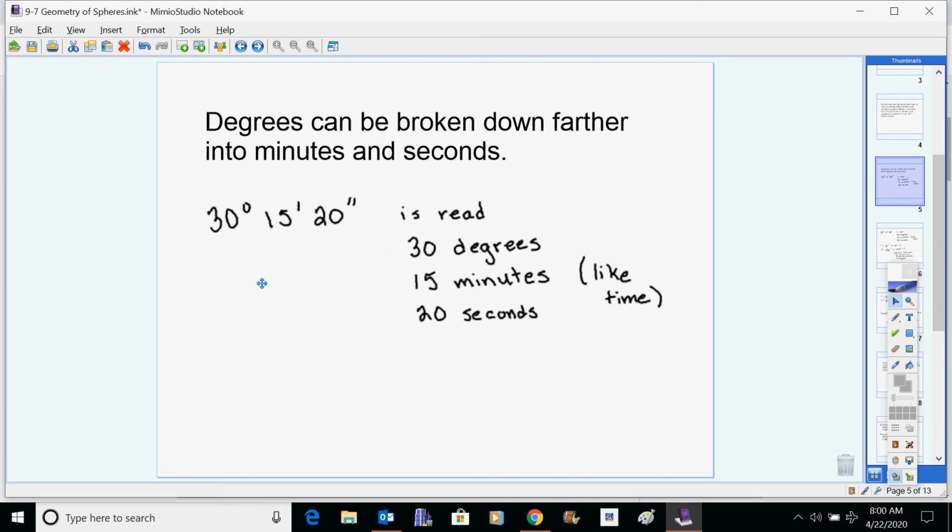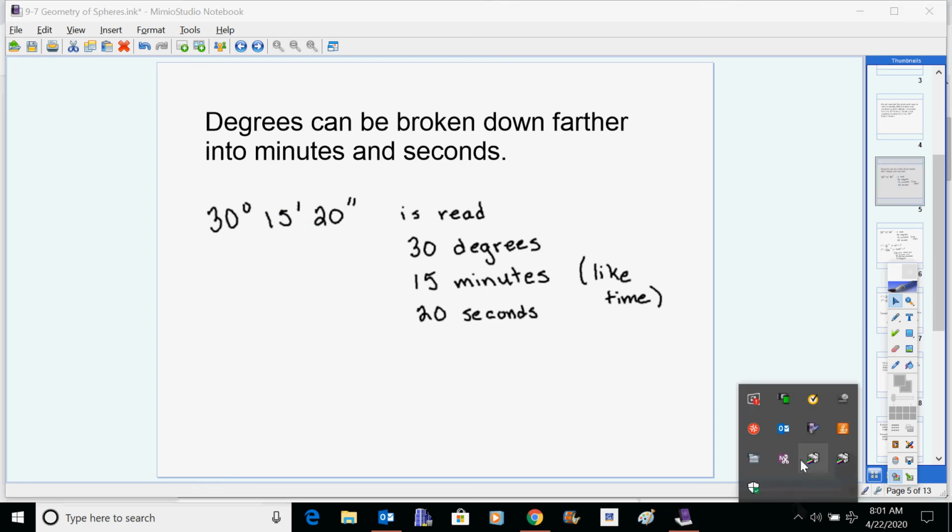There are minutes and seconds that can also be breakdowns of degrees, and they are just like they sound. Just like in time, a minute is a part of an hour. There are 60 minutes in a degree, and seconds are parts of minutes.